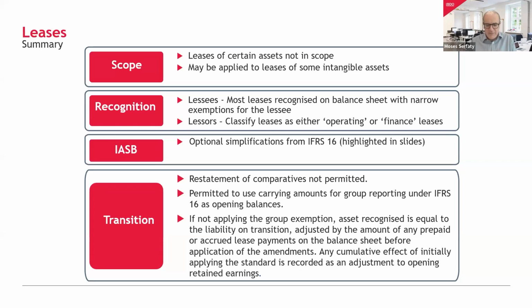And otherwise, if you're not applying the group exemption, then you will recognize an asset equal to the liability on transition, adjusted by the amount of any prepaid or accrued lease payments. If there's any difference between your asset and liability, that will go as a debit or credit to opening retained earnings or another reserve. So moving on to the next slide, please.